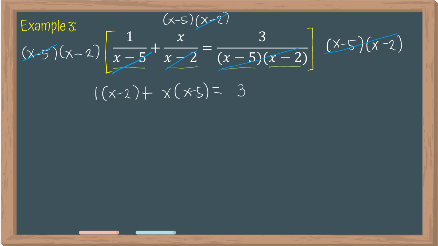Okay, so continuing, we're going to have x minus 2 plus, of course, we multiply x to x and x to negative 5, giving us x squared minus 5x, and then that will be equal to 3. So, combining like terms, we see here x and negative 5x.